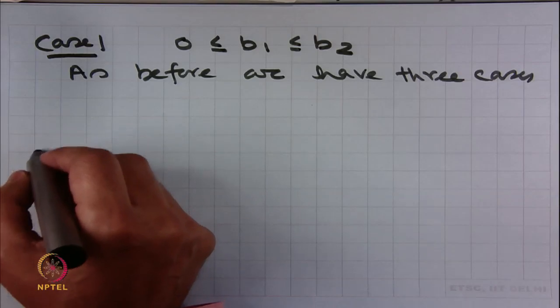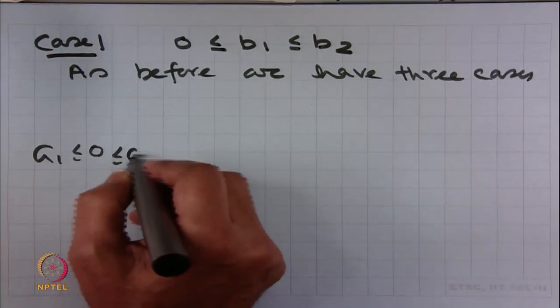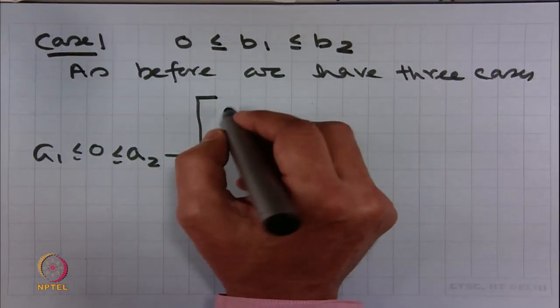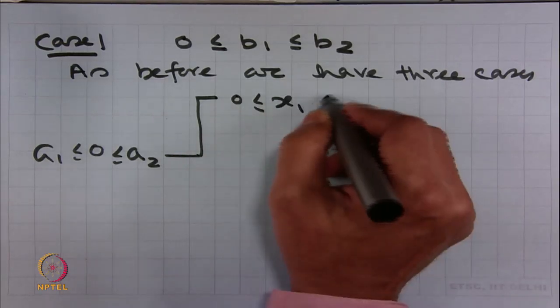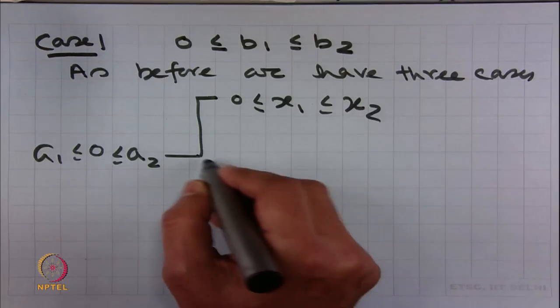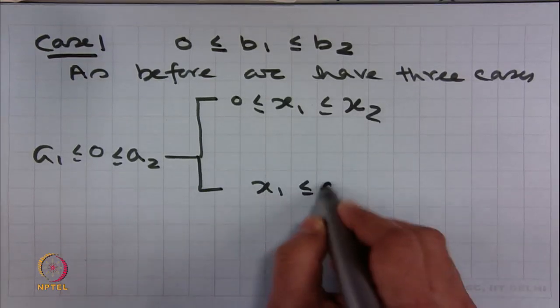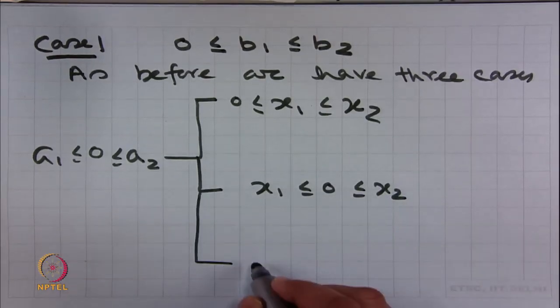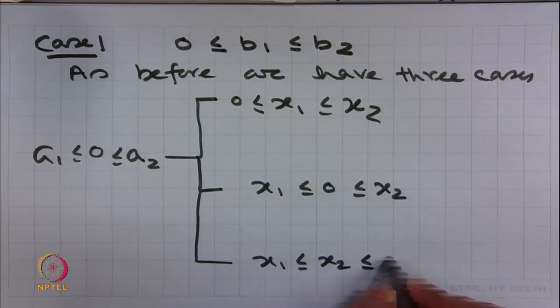We have A1 less than equal to 0 less than equal to A2, and the three cases are 0 less than equal to x1 less than equal to x2, x1 less than equal to 0 less than equal to x2, and the third case is that x1 less than equal to x2 less than equal to 0.